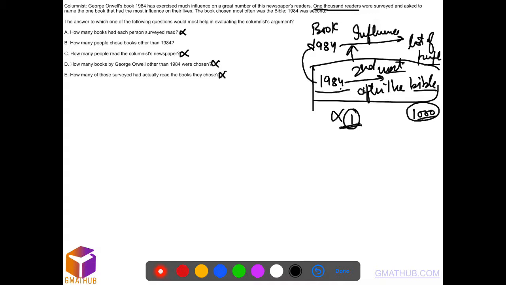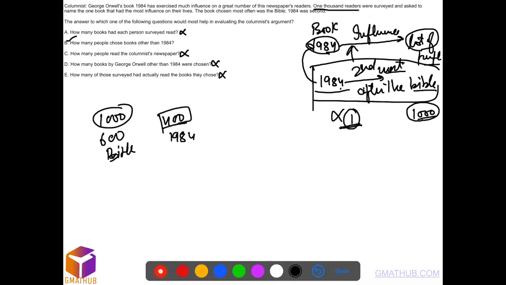Now option B: how many people choose books other than 1984? What is the argument here? This book 1984 has an influence on a lot of people. Out of 1,000 readers, let's say 600 choose the Bible and 400 choose this book 1984.